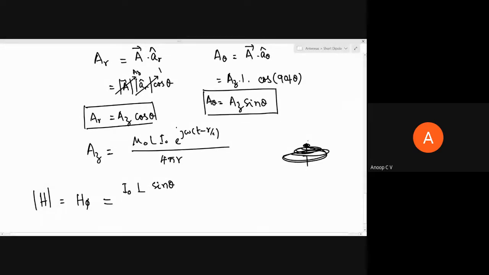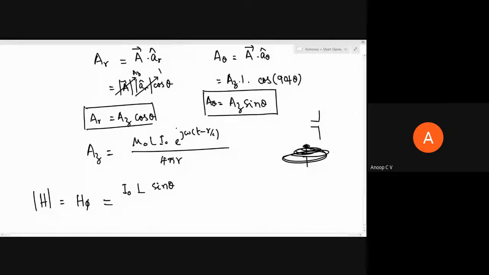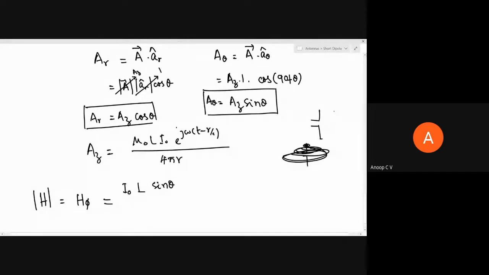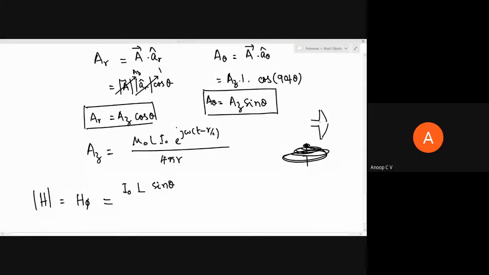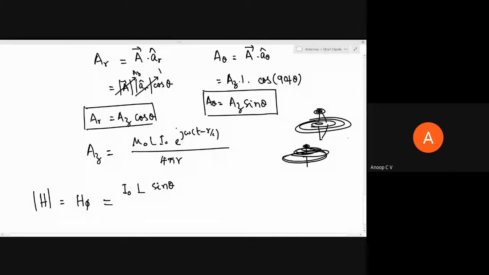Because at the ends current will be zero. If current is zero, the magnitude of magnetic field will be less, and as you move towards the middle, current is increasing, so the magnetic field will be more towards the center, and less at the ends. So it takes a sine theta pattern.